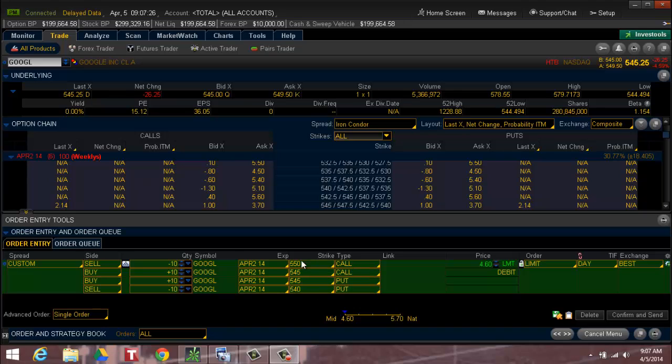So this cannot be right what I'm showing you here. This is just an example because the earnings doesn't come out until the 16th, so you have to wait around that time in order to place your trade. So remember, this is the 6 days until this expires, and today is the 5th, so 6 plus 5 is 11. This is all hypothetical, but this can really happen to you.